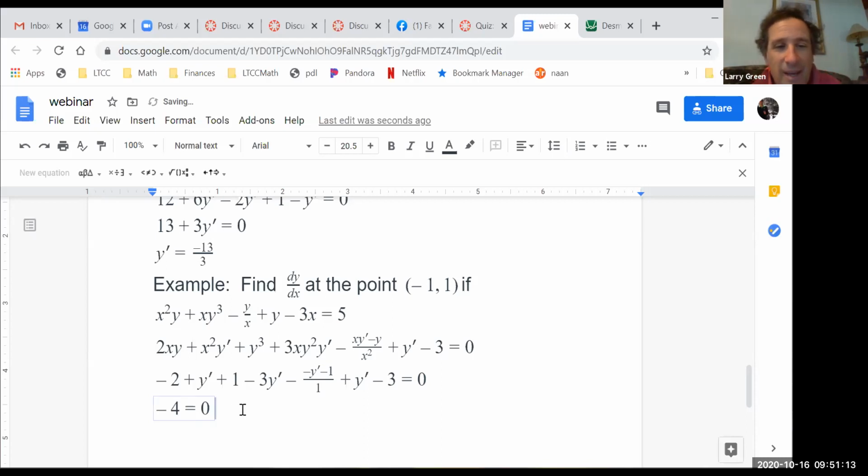I wanted to give you an example like this. What does that tell you? Yeah, DNE. Sometimes derivatives don't exist, and this is an example. Any questions on the example where it does not exist?